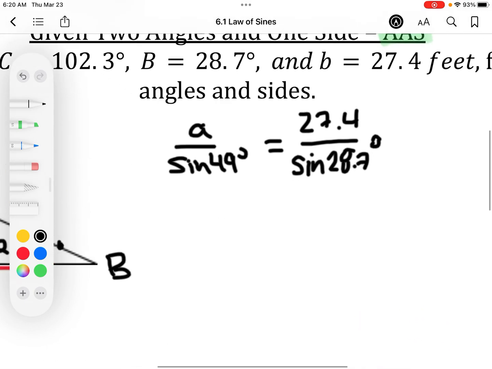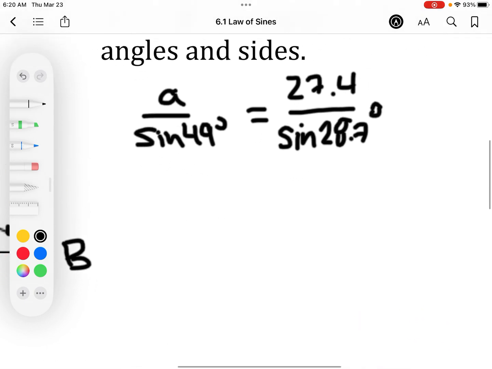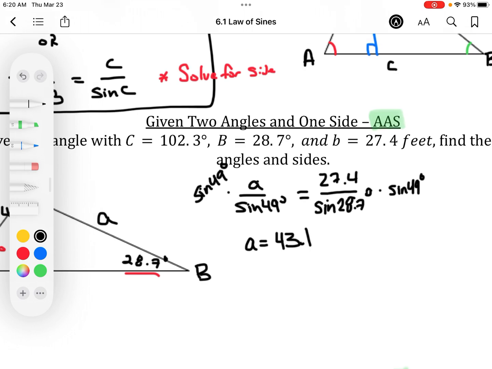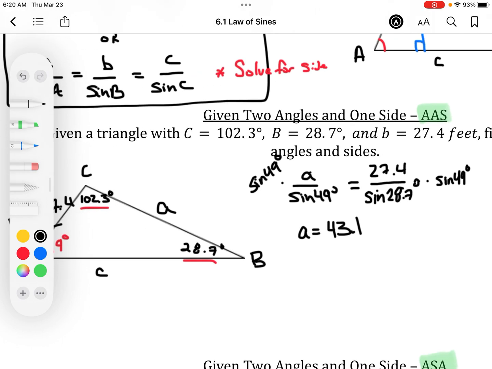Now to solve this simple proportion that we just created, all we're going to do is multiply each side by the sine of 49 degrees. Make sure your calculator's in degrees. If we take 27.4 divided by the sine of 28.7 degrees, and multiply that result by the sine of 49, we get 43.1 for A. I would not cut any decimals off.